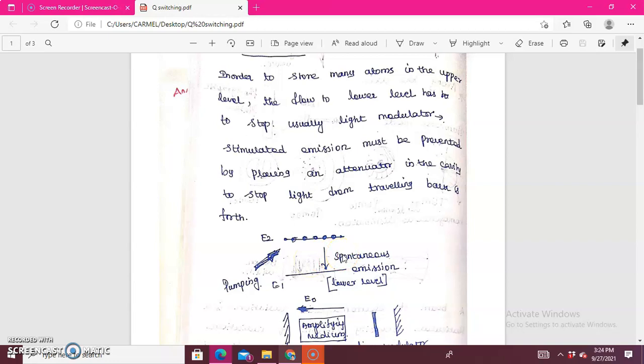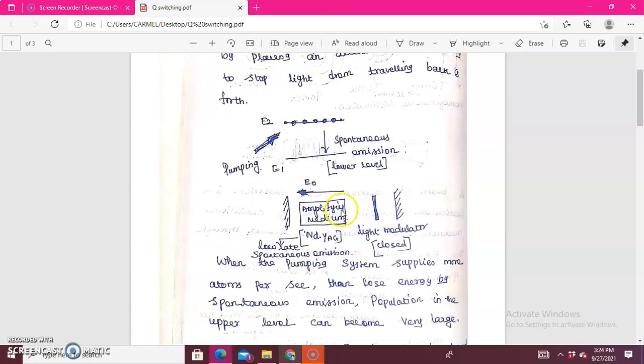Not only that, it also depends on the amplifying medium we use. Here the amplifying medium is Nd:YAG. What does Nd:YAG mean? It is neodymium doped yttrium aluminium garnet.